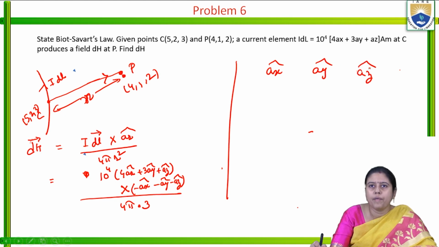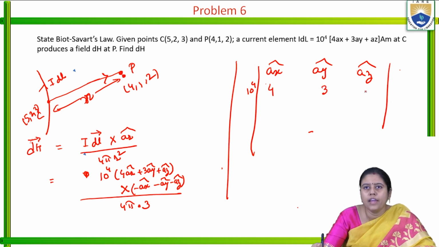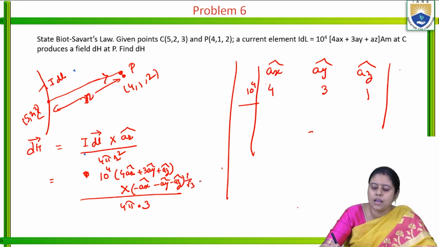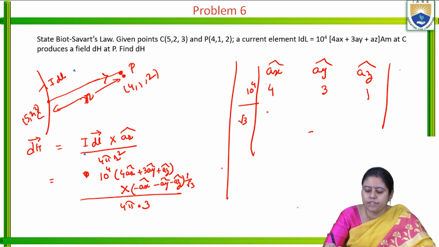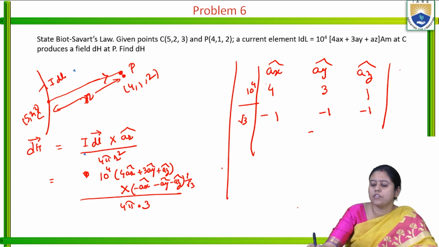I dl is 10 to the power 4 times (4ax plus 3ay plus az), by root 3, with aR as minus 1, minus 1, minus 1.